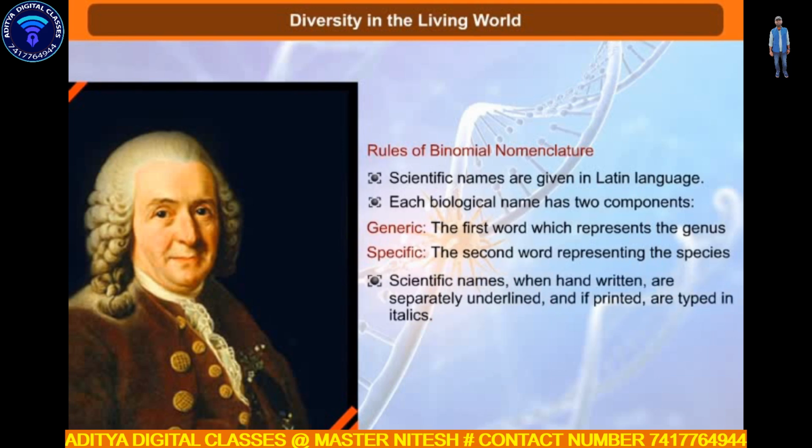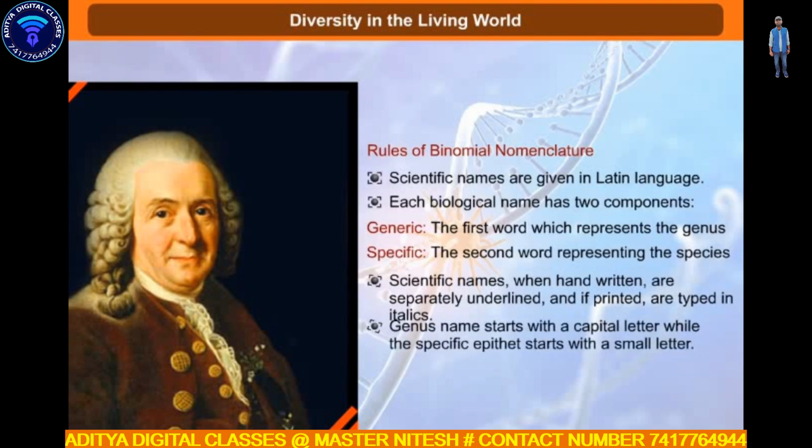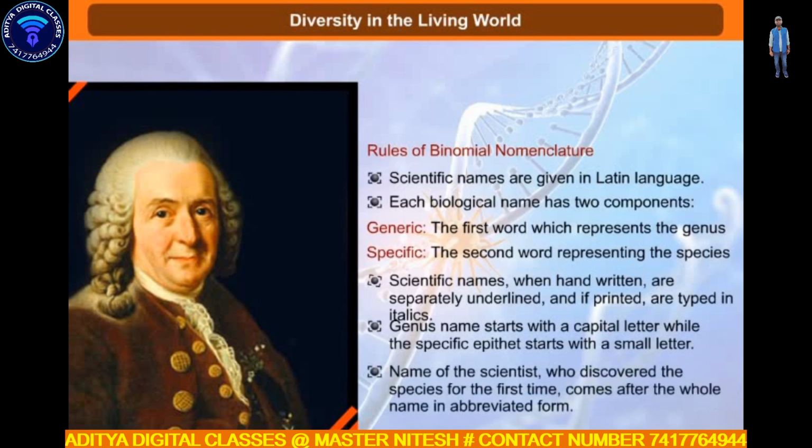Scientific names, when handwritten, are separately underlined and, if printed, are typed in italics. Genus name starts with a capital letter, while the specific epithet starts with a small letter. The name of the scientist who discovered the species for the first time comes after the whole name in abbreviated form.